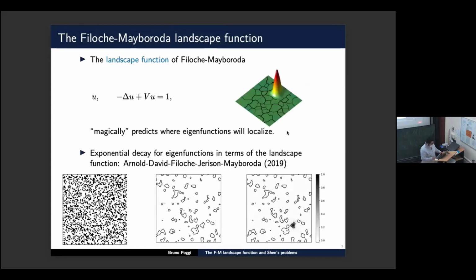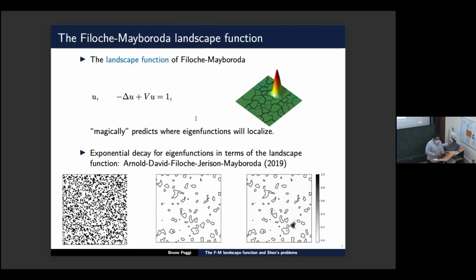The landscape function, on the other hand, is a recent tool introduced in 2012 by the physicist Marcel Filoche and Mayboroda, my advisor. Basically, it's a function u which solves the equation minus delta u plus vu equals 1. This magically, so to speak, predicts where the eigenfunctions will localize.